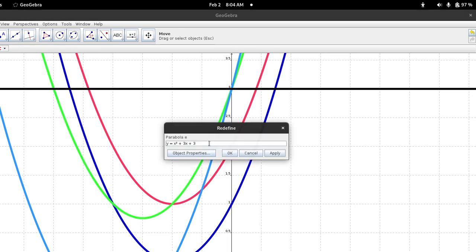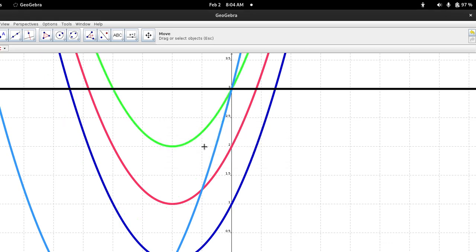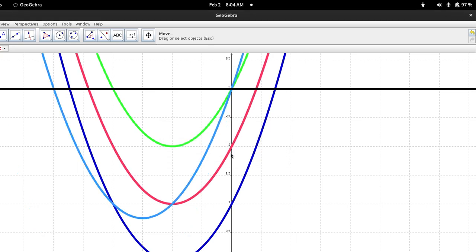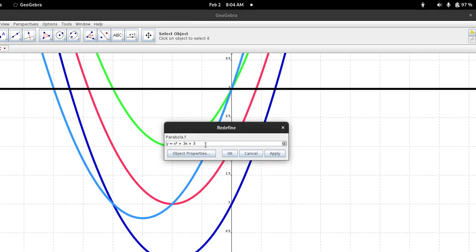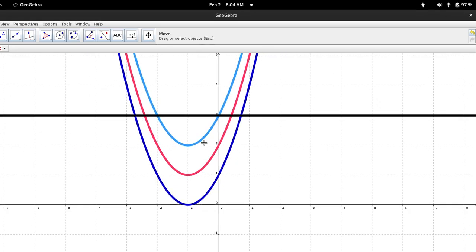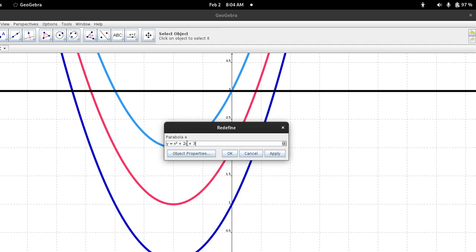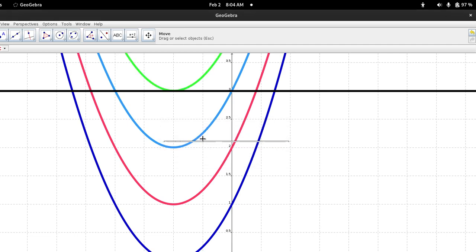The green, x squared plus 2x plus 3. The light blue, x squared plus 2x plus 3, it's 2x I should have. What was it again? x squared plus 2x plus 4. Alright.